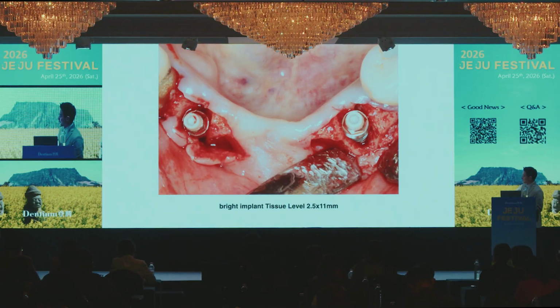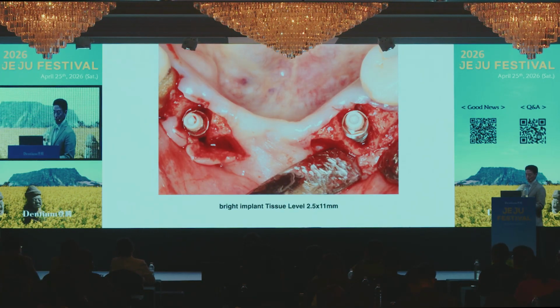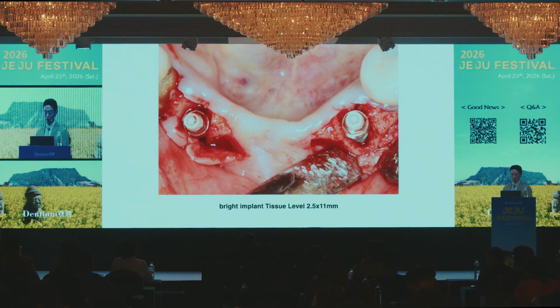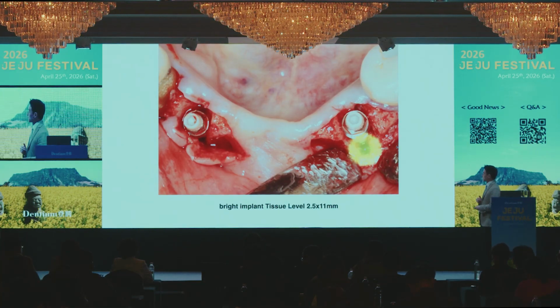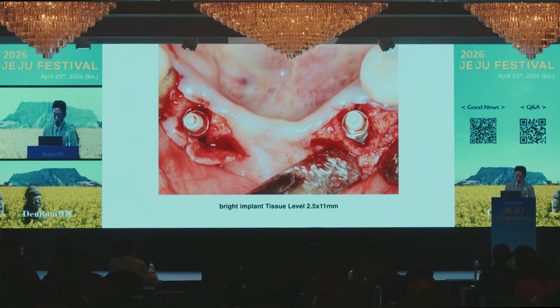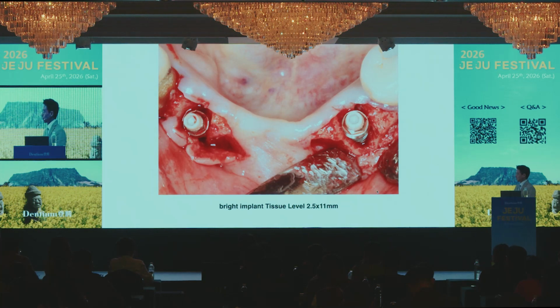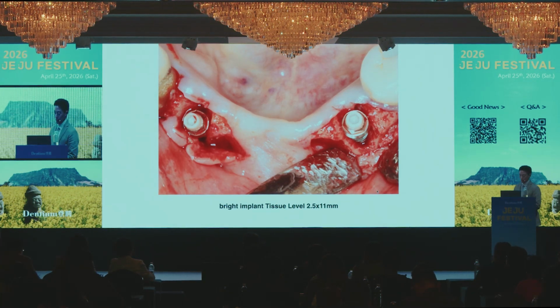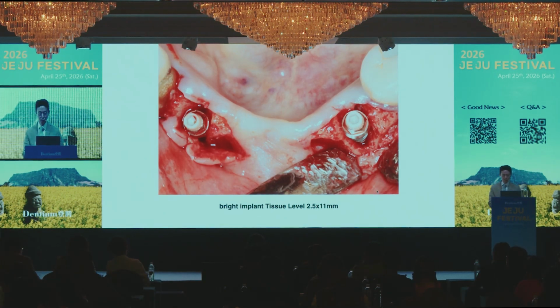Despite using 2.5 millimeter diameter fixtures, the ridge was so thin that the upper part of the fixture was exposed at the labial side, on both sides. So I decided to do bone grafting at both sides with minimal, simple GBR.